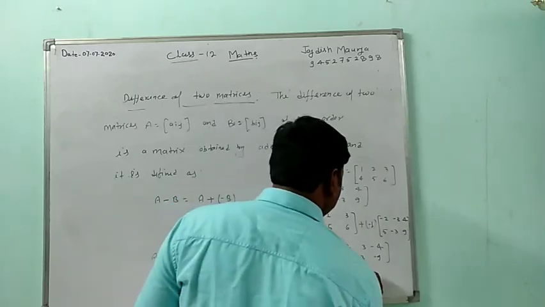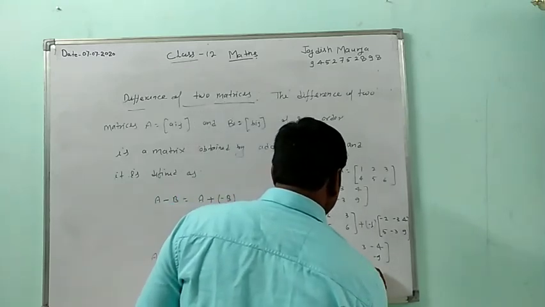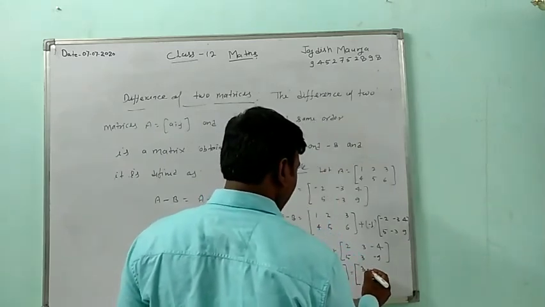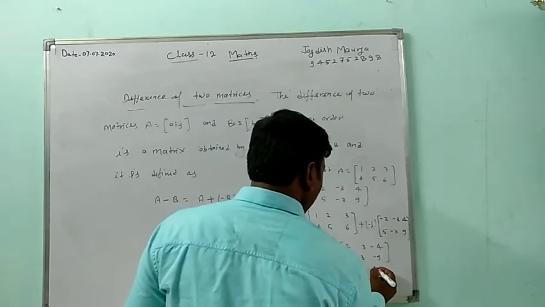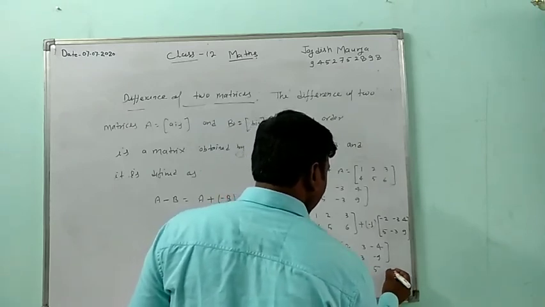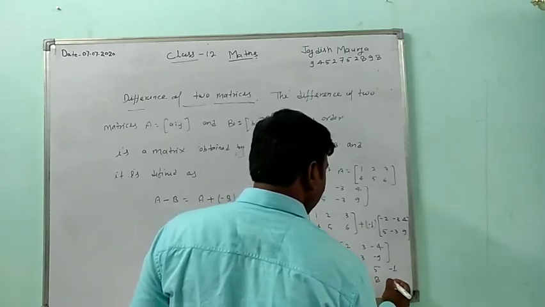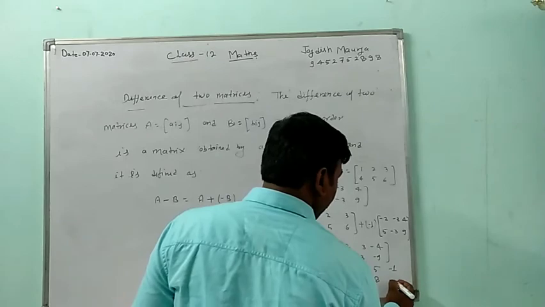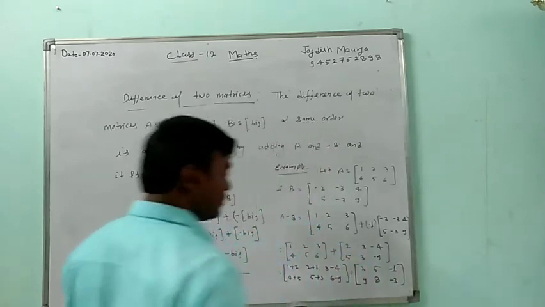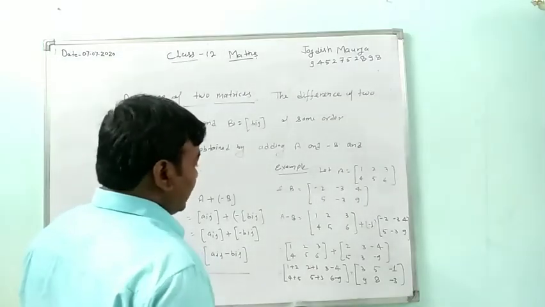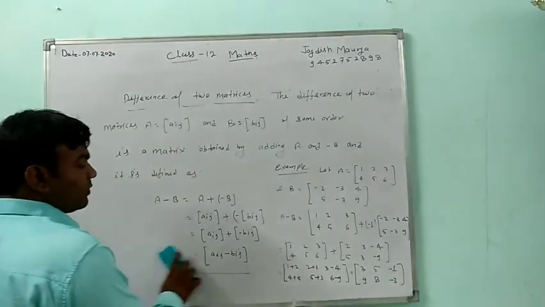And this will come 3, 5, minus 1, 9, 8, minus 3. This is the difference of two matrices.